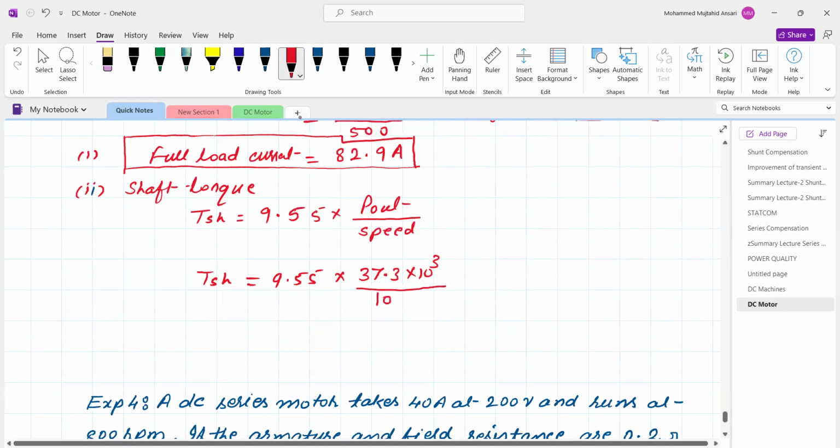It is 1000 RPM. So TSH is equal to 356 Newton meter. So this is the second parameter.